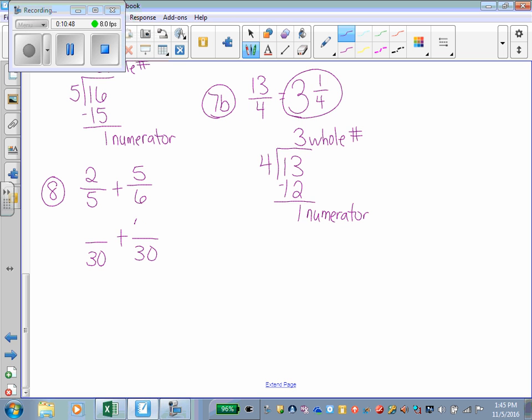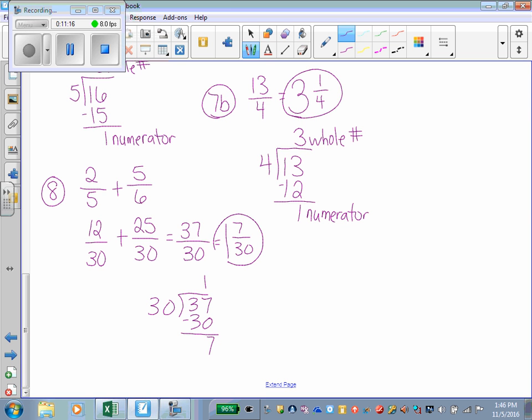So 5 times 5 is 25, and 6 times 2 is 12. 12 plus 25 is 37 over 30. We're left with an improper fraction. 30 can go into 37 one time, and that's 30, and 37 minus 30 is 7. So our mixed number is 1 and 7/30.